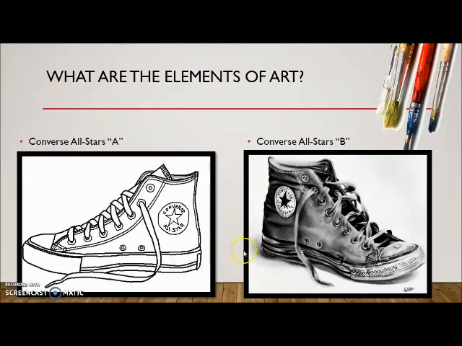Color: these shoes are either black and white or black, gray, and white. And of course, the artist had to draw these two different shoes on paper, which provides the space for the drawing.